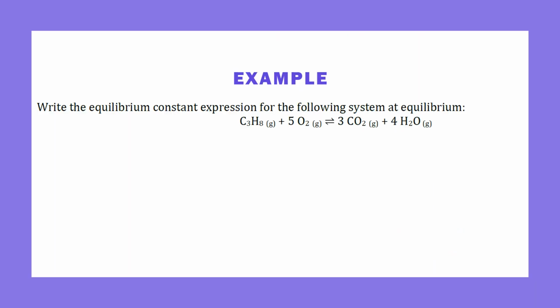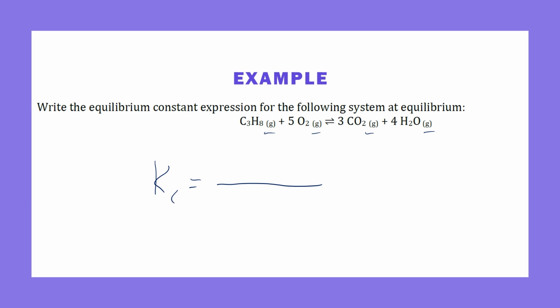Here's another example. This time we have gases again. But just because it's gases doesn't mean it has to be a Kp. So let's go ahead and write a Kc for this one. You can measure the concentration of gases just like you can with aqueous systems. You just do the moles per liter, and volume of gases is measured in liters, so you can find a concentration.